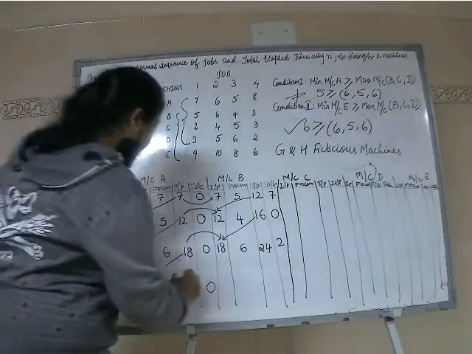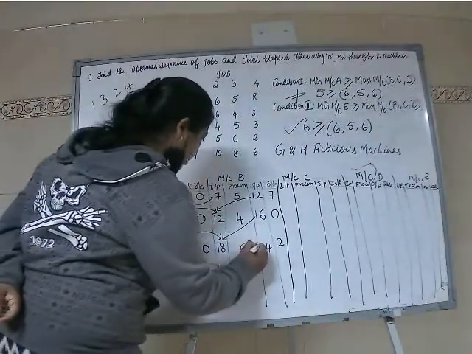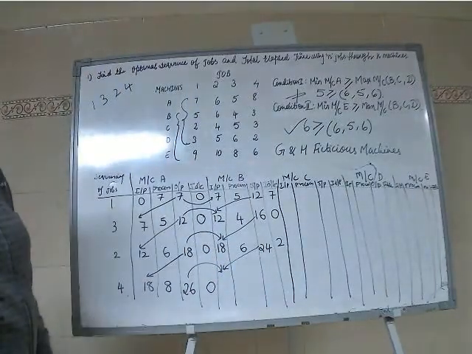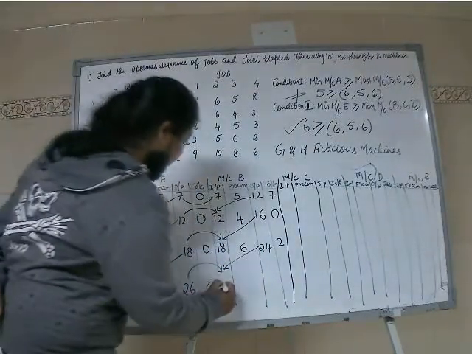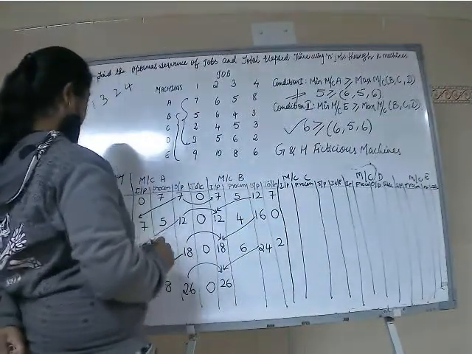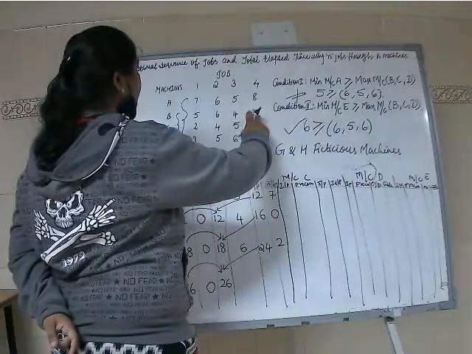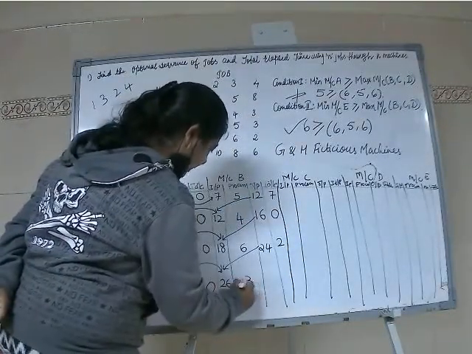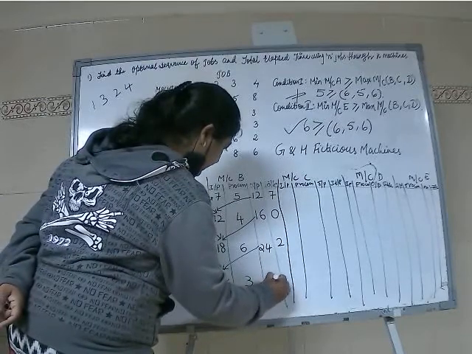Then next 26 and 24. Of these two, 26 is the highest. So I'll be taking the 26 value. The process value for job 4 on machine B is 3. So when I sum up, it's 29.